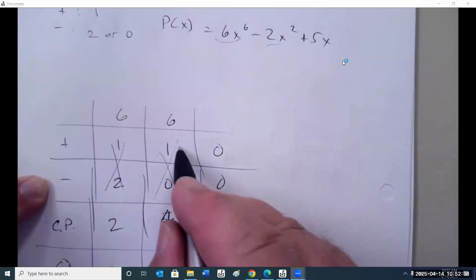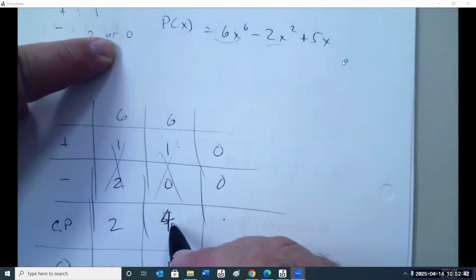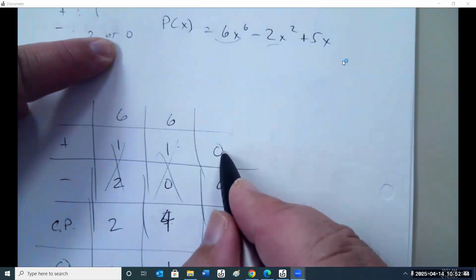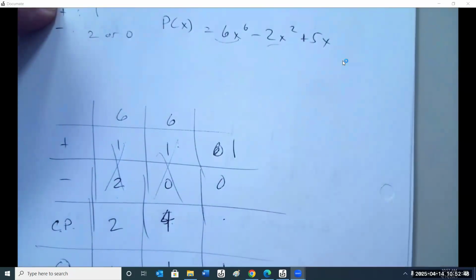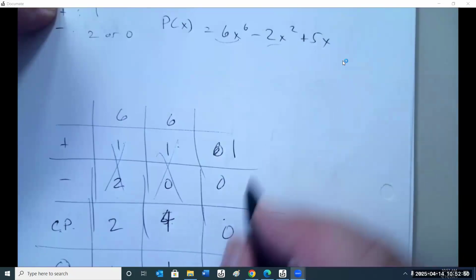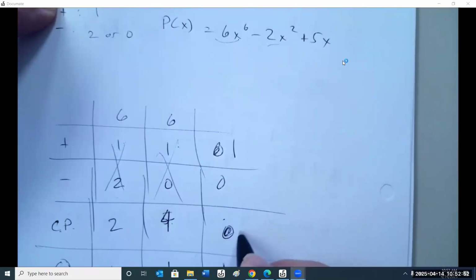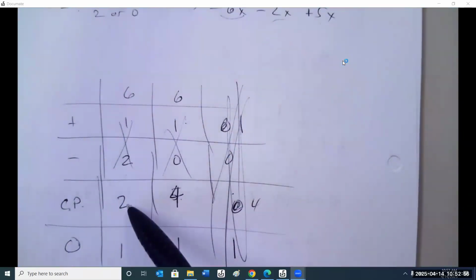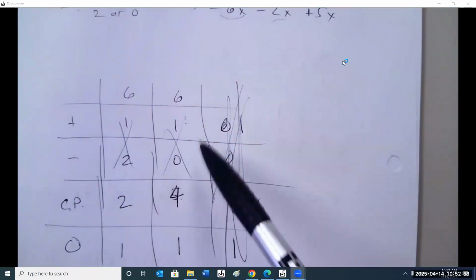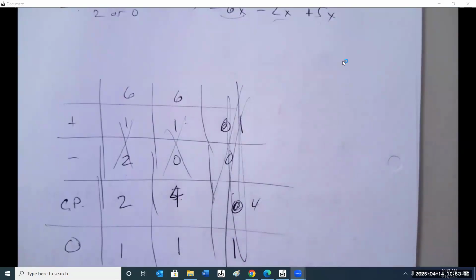This could be 1, that could be 1. That could be 0, so that has to be 4. That has to be 1. This has to be 1. And so there's only 2 possibilities here. We either have 1, 2 conjugates and 1 0, or 1, 4 conjugates and 1 0.